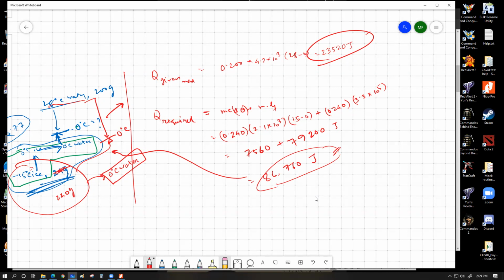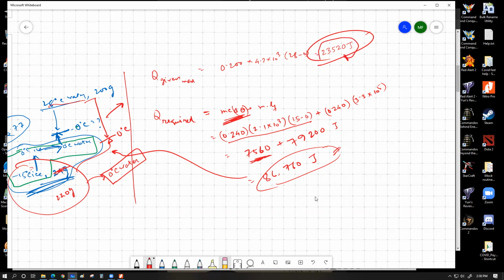This essentially goes on to prove that the ice that we started with at the beginning is not going to melt completely. So here's what's going to happen. The amount of required energy to increase the ice temperature up to 0 degrees Celsius, which is the MC delta theta, is 7560. This is definitely going to happen because we can get 7560 joule of energy out of this amount.